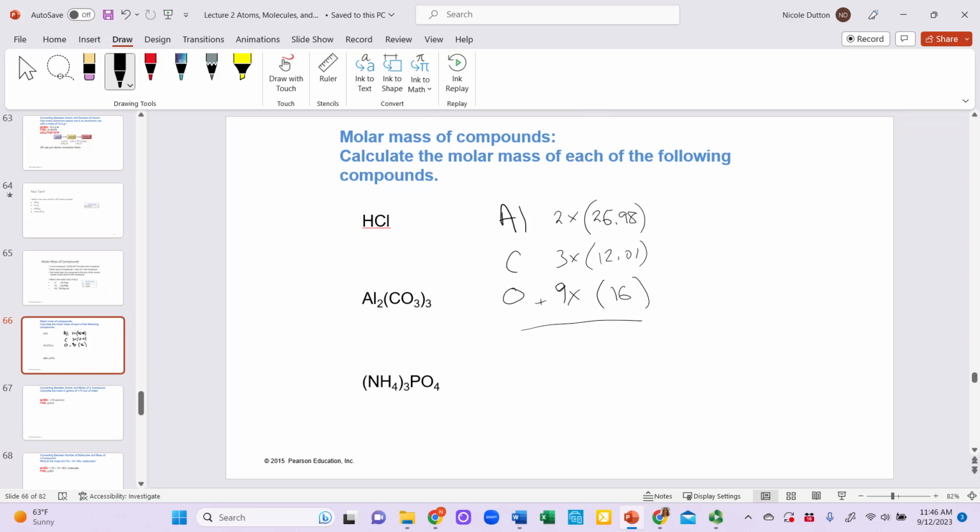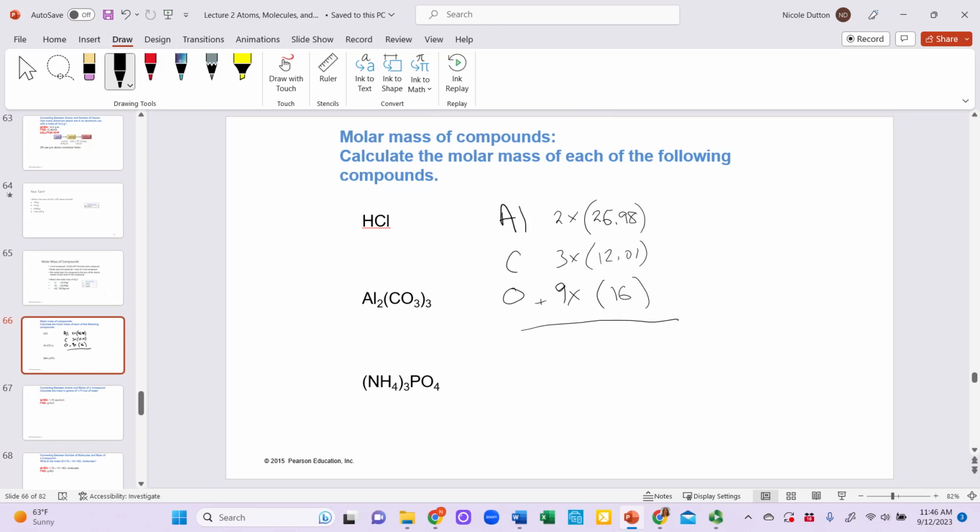Now, I'm going to add those all together. And I can do this in my calculator. So I can do 2 times 26.98. And you want to do parentheses around each one of these.